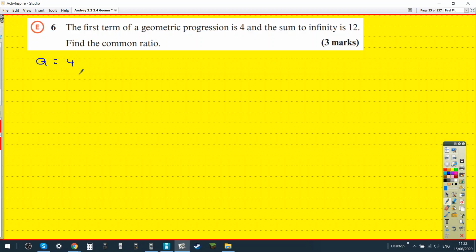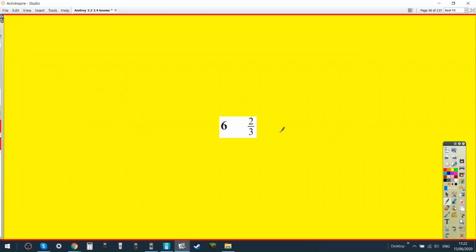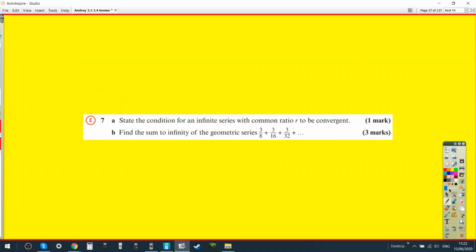So would it be like 4 over 1 minus r equals 12? Mm-hmm. And then I can put that in my calculator. A third. I've got, oh, sorry. Go on. R is 2/3. Yeah, I thought it'd be 2/3. Great. Let's see.